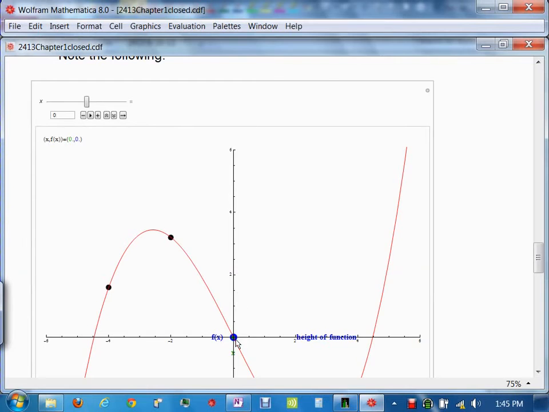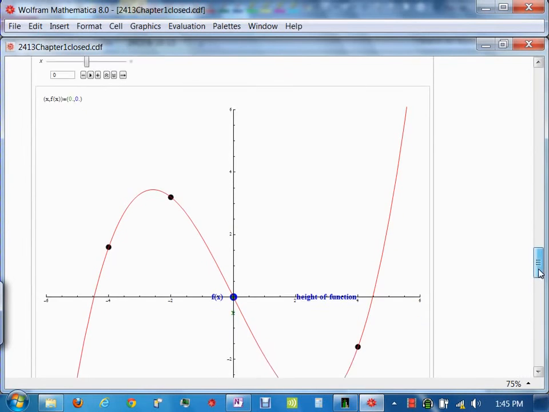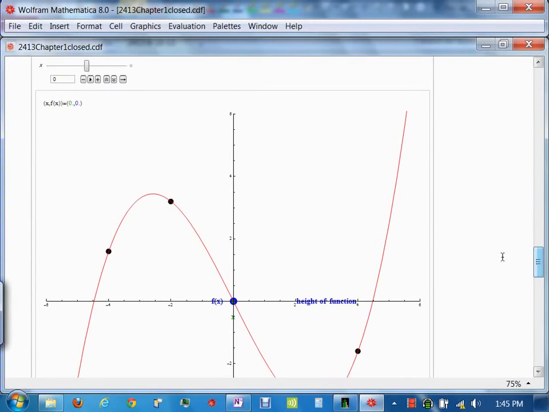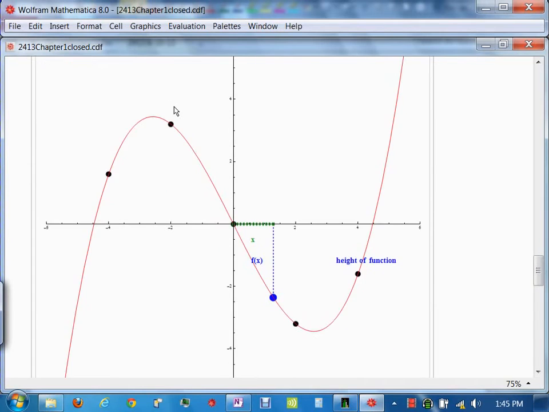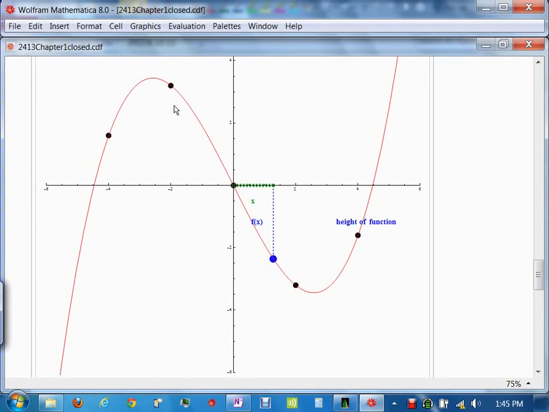So there, at 0, what's my height? 0. If I keep moving to the right now, my height is actually a negative number, right? Because I'm below the x-axis. All right, so we just want to make sure that we understand that the output is the height of the function.